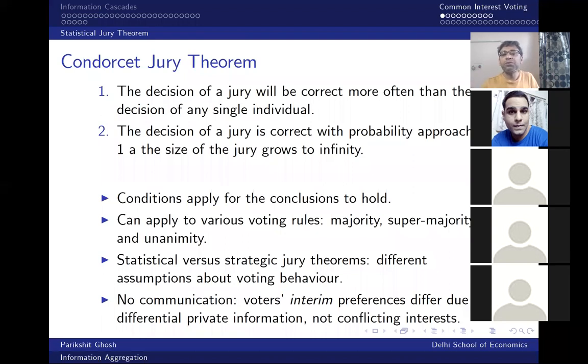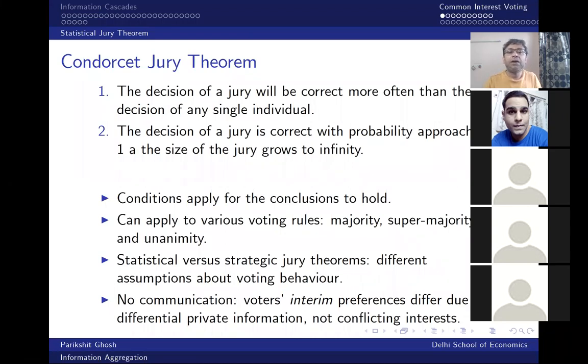And we are trying to choose between binary options, whether to, let's say, join the WTO, or whether to have Brexit or not. And we have our own private noisy information, and we can only vote on the basis of that. So then what happens? Does information aggregation take place?